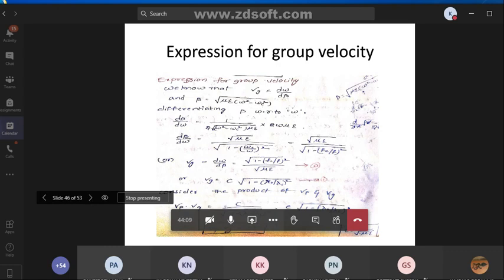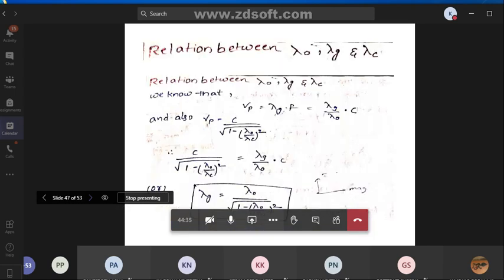If you consider the product of phase velocity and group velocity, so multiply these two, Vp into Vg equal to c square. That is the relation between phase velocity and group velocity. So these are the expressions for phase velocity and group velocity.